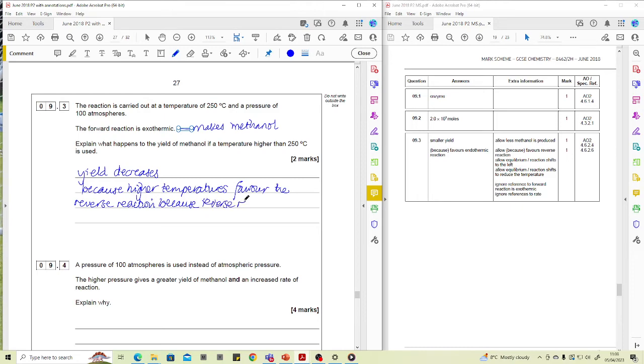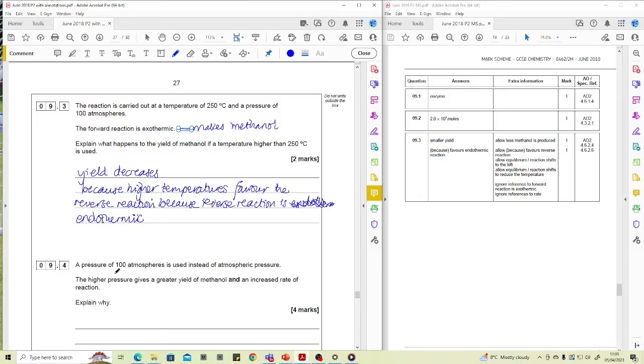Don't use pronouns. Is endothermic. Oh, keep your answer in the answer space as well.